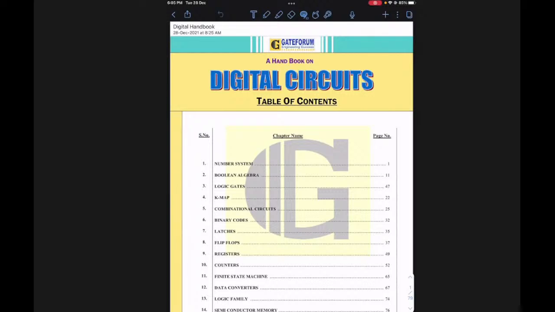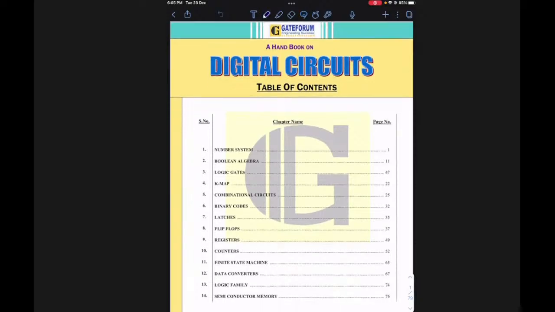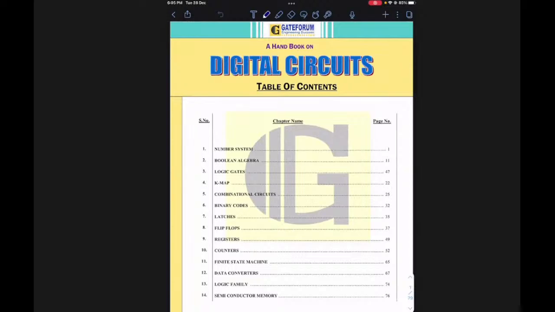So the first thing is in the digital circuit subject, as you see on the screen, there are total 14 chapters, ranging from number system, Boolean algebra, logic gates, K-map, combinatorial circuits, binary codes, latches, flip-flops, registers, counters, finite state machine, data converters, logic family, and semiconductor memories.